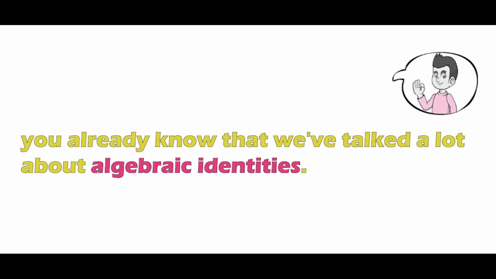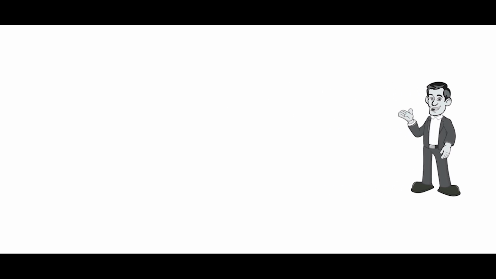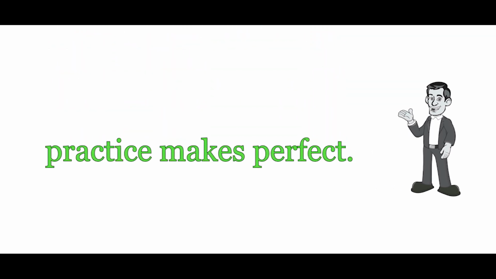If you've been following along with our previous videos, you already know that we've talked a lot about algebraic identities. We've covered what they are, and we've even solved quite a few examples together. But here's the thing, practice makes perfect, right?